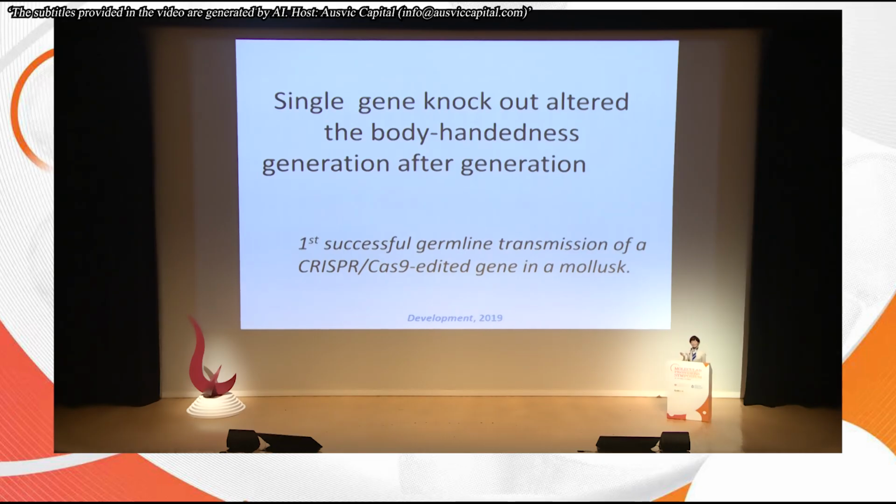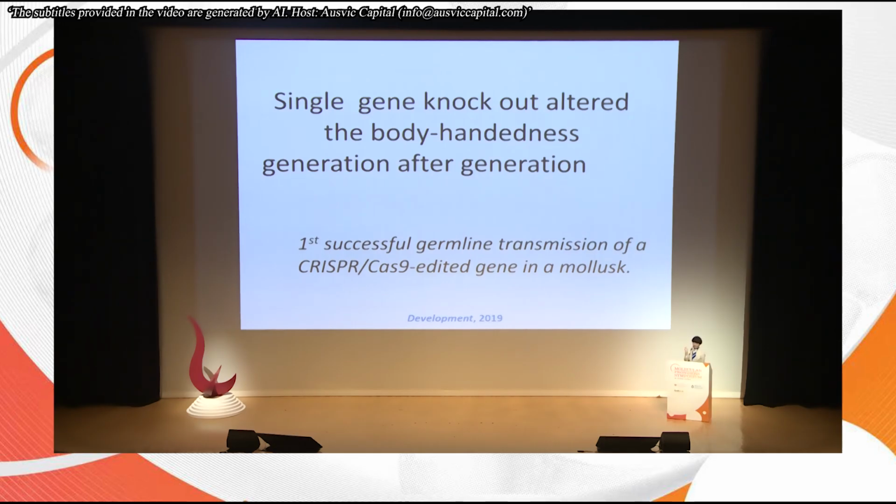But this is a candidate gene. There may be some other genes involved, and we may be missing that. We're not observing it. So we have to prove if that is the single gene that determines chirality. I thought I should do the CRISPR-Cas9 knockout, not knockdown, knockout.